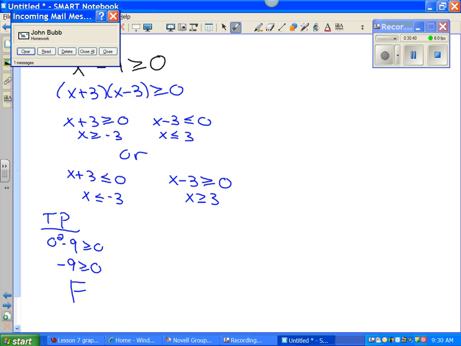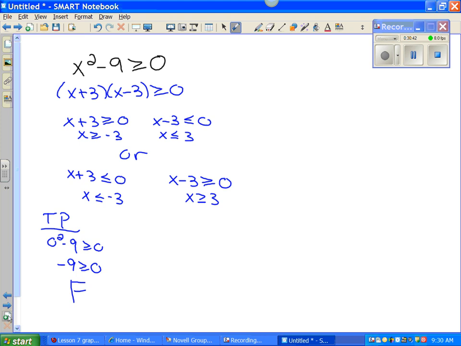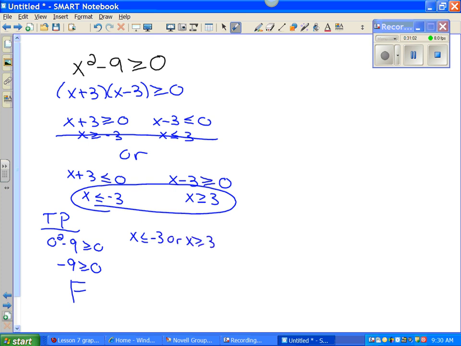Is 0 included there? Is 0 greater than -3 and less than 3? Yes. So we reject it because 0 is included in that. 0 can't be part of our solution. So this is our solution: x is less than or equal to -3 or x is greater than or equal to 3.